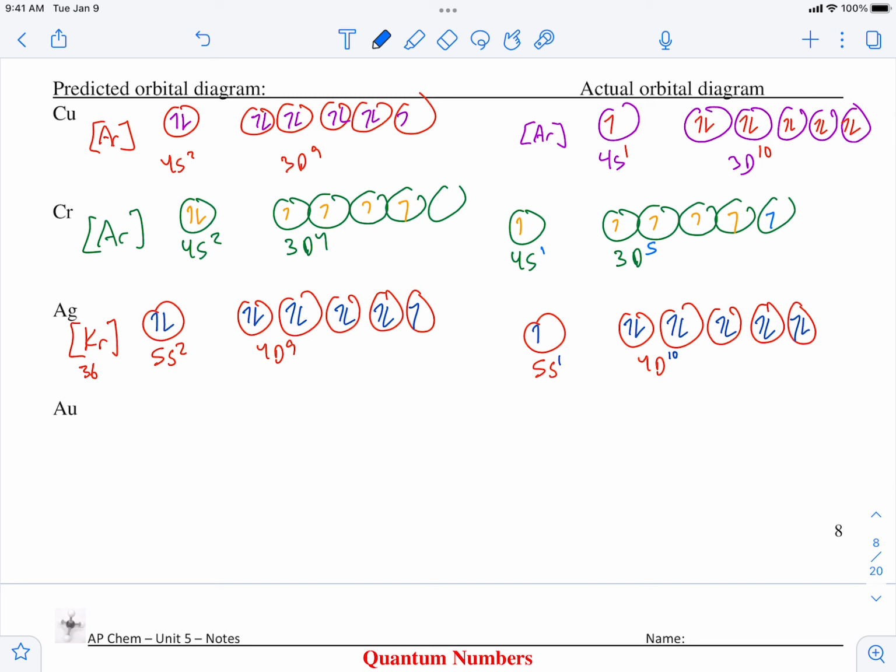Did the same thing. It pulled the s electron into the last d orbital. Molybdenum does this also, Mo. So d4, d9. Family d4, family d9. They pull that second s electron into the last d orbital.